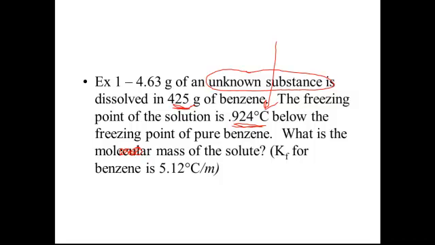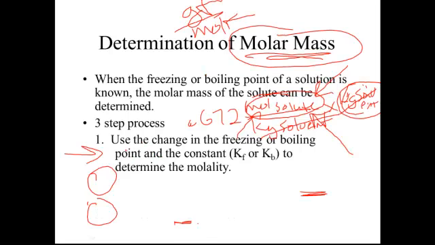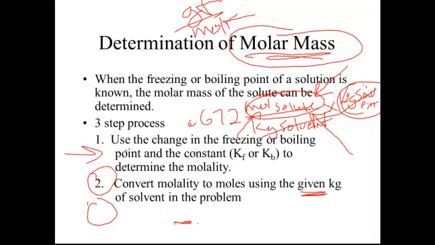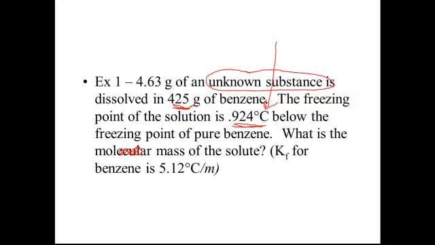So step number one, let's go back: use the change in the freezing or boiling point to determine the molality. In this case, we're dealing with freezing points, so we know our equation is delta Tf equals Kf times m. And in this case, we're looking for the molality.